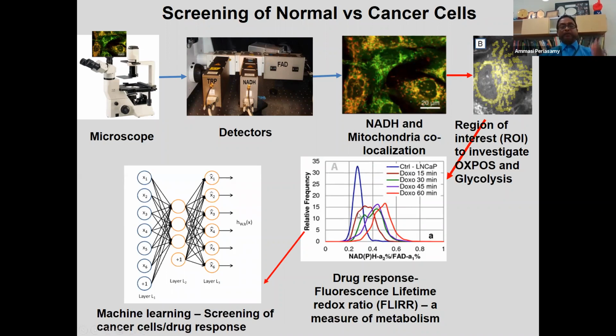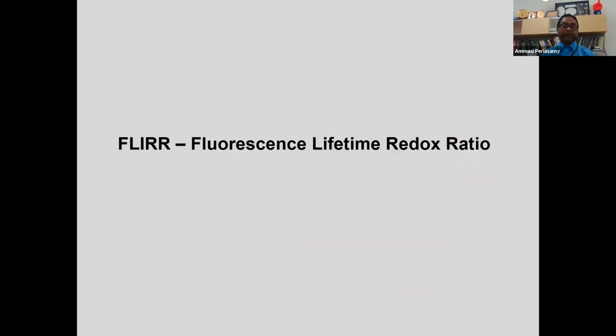The lifetime gives a number of parameters that all contribute to the lifetime distribution of the molecule, whether it is free or bound. So we thought we should use machine learning with the other parameters involved, to see whether we can improve the detection sensitivity compared to the FLIRR value or the intensity-based redox ratio.